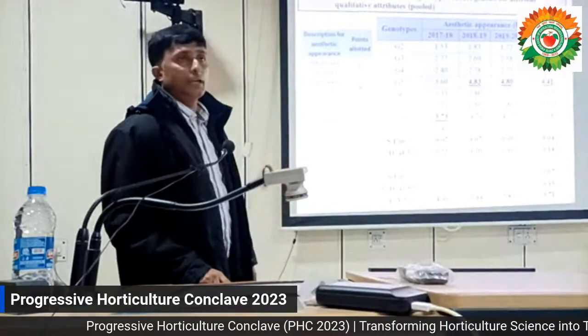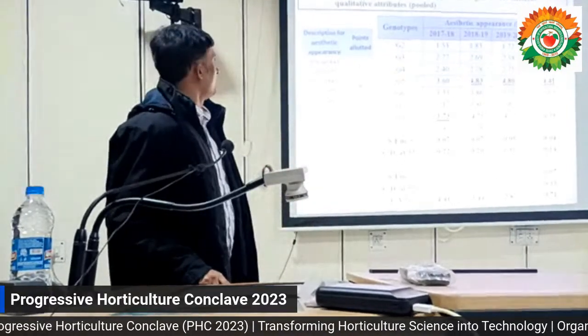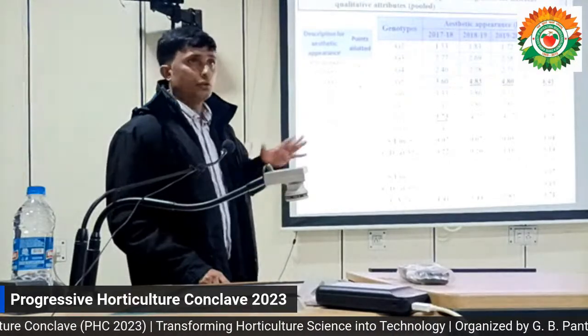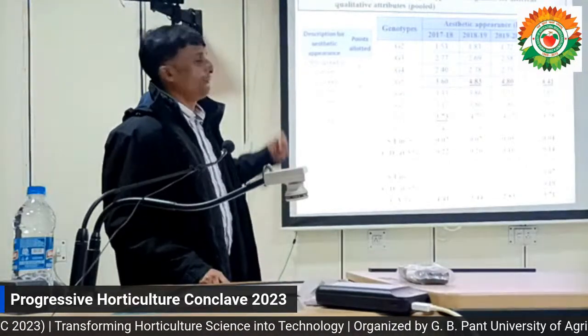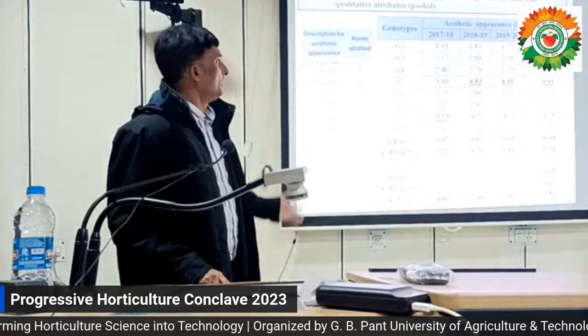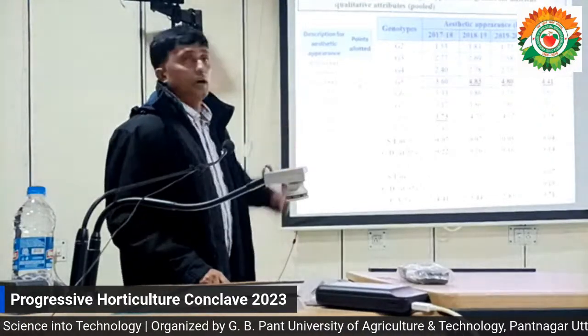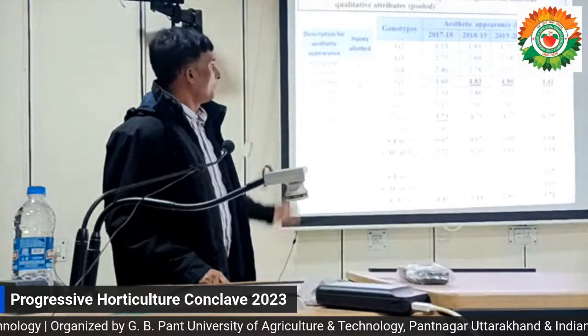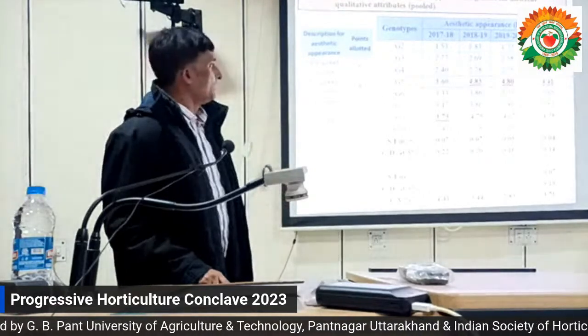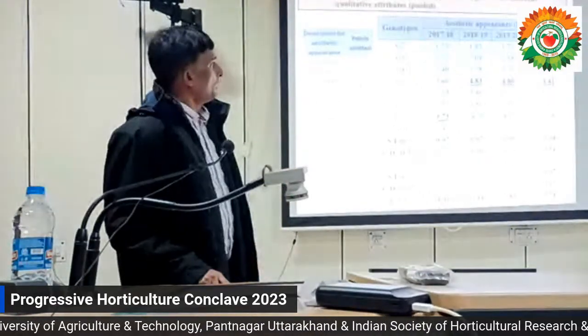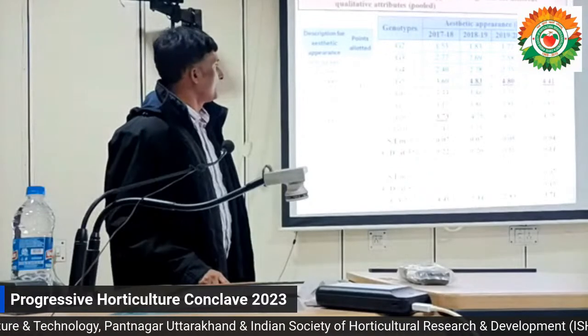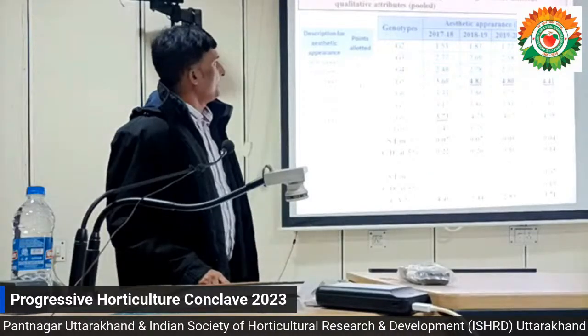In case of aesthetic appearance, on the rating of 1 to 5, around uniform spread, we found that G5, that is the hybrid selection one, recorded the best performance, which was at par with G9, at a 4.38 rating.